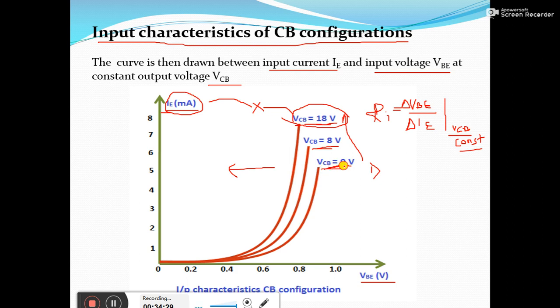See, for VCB equal to 0 volt, the curve is like this, IE is plotted like this. For VCB equal to 8 volt, another curve is plotted like this. There is a very slight difference in the IE current. That's why we can say IE is almost independent of VCB, and IE depends only upon VBE.